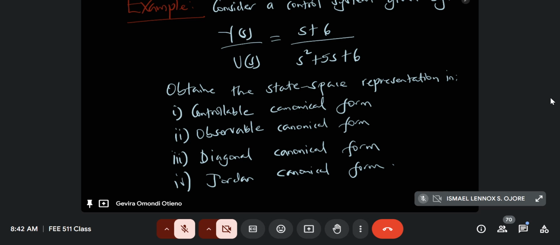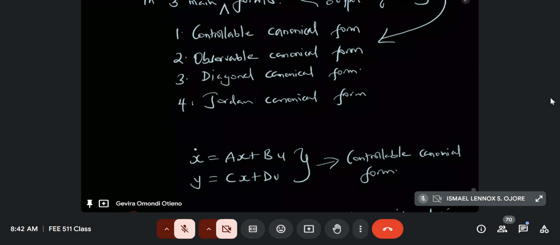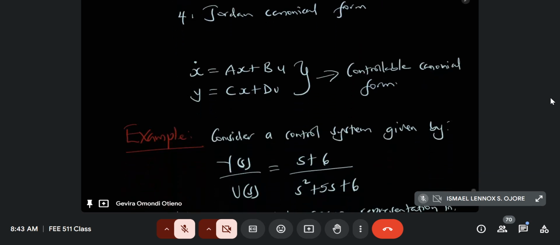But I have just given you a hint that the state space representation that we have been using all along is typically referred to as the controllable canonical form. It's the one whose example we have been using all along.